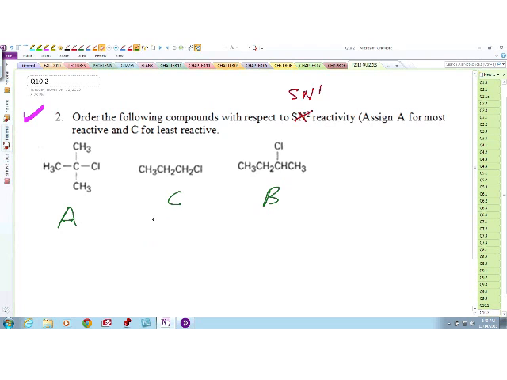Okay. Now let me tell you why SN2 reaction is not good with tertiary substrate. Supposing we have this. Supposing we have that. And then we have this here.